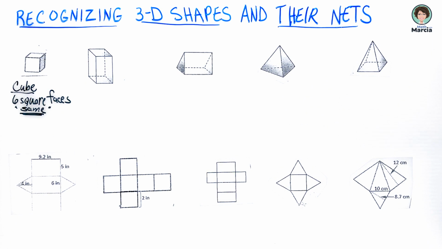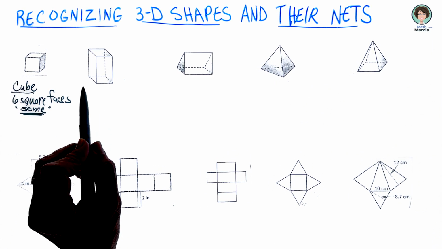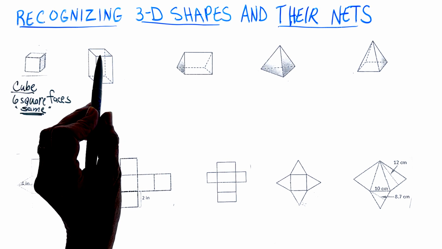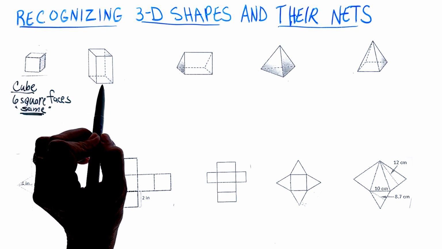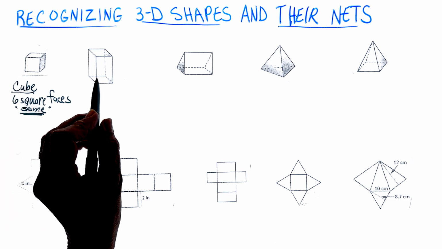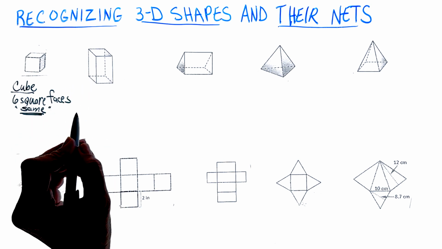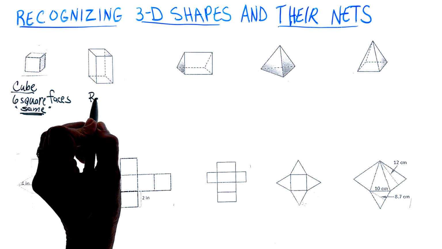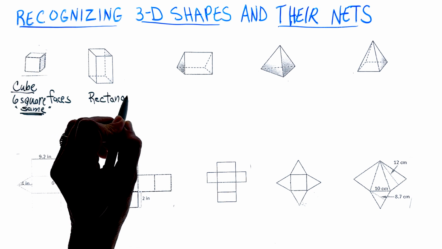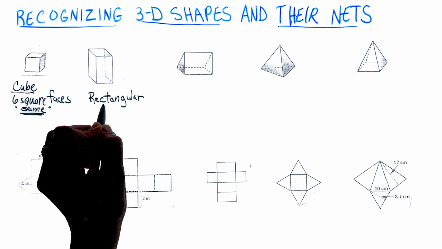All right, for the next one, notice I have a square on the bottom for my bases. So this actually has 2 square bases, but the rest are rectangles. So we call this a rectangular prism.